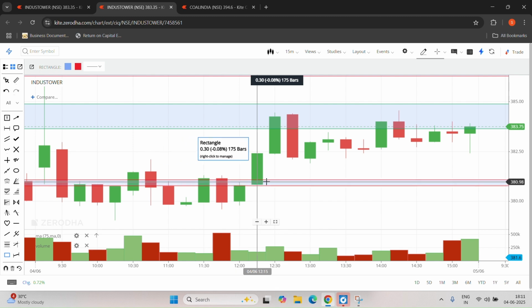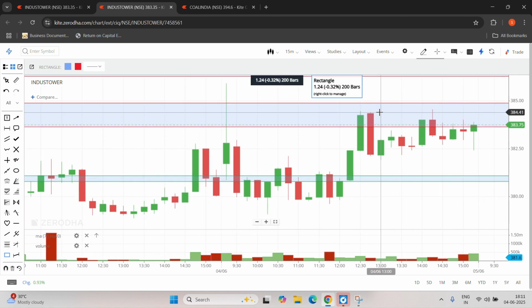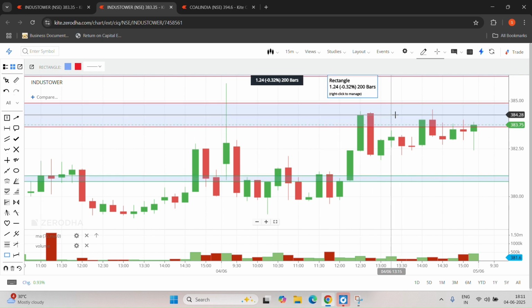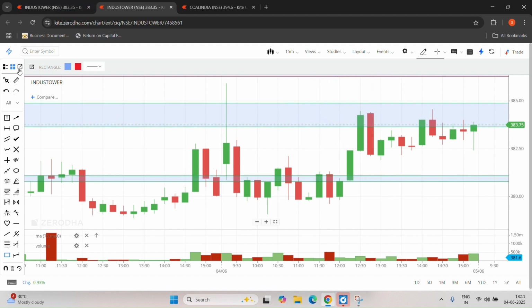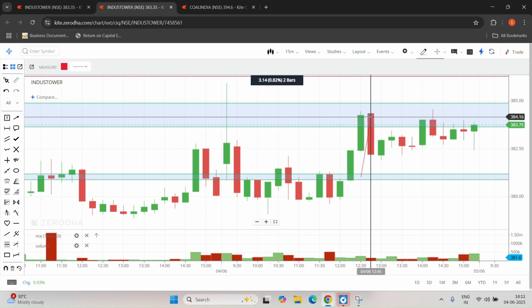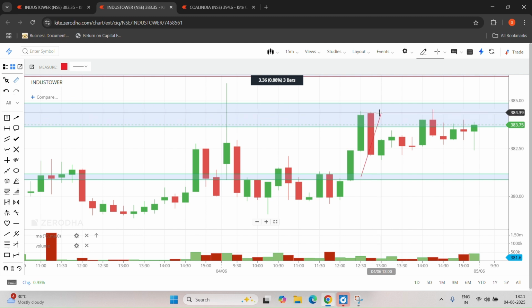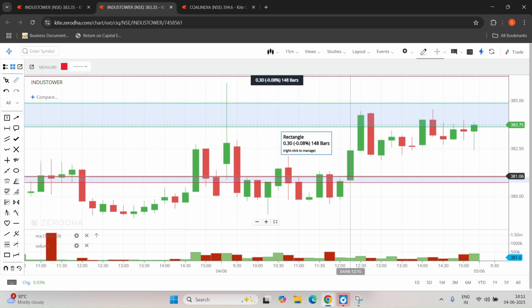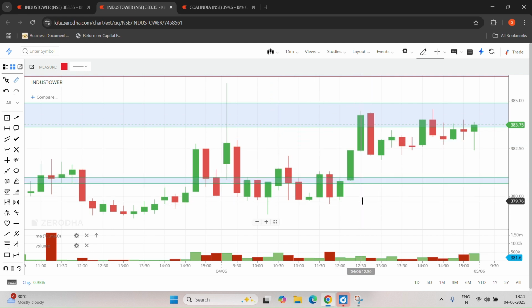Once that price was broken, see, it went to the other support or the other buying zone. From 380 it moved to 384, so almost you could have captured 0.87%, 3 rupees something, with a stop loss of 1 rupee or 1.5 rupees, so a 1 is to 2 ratio.